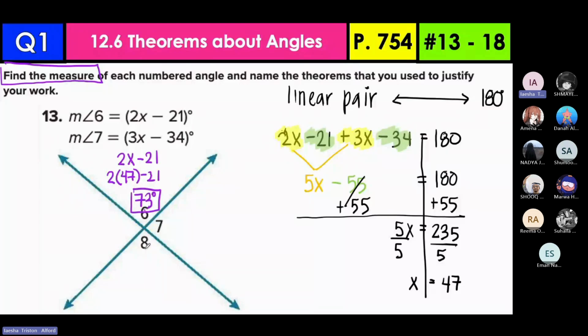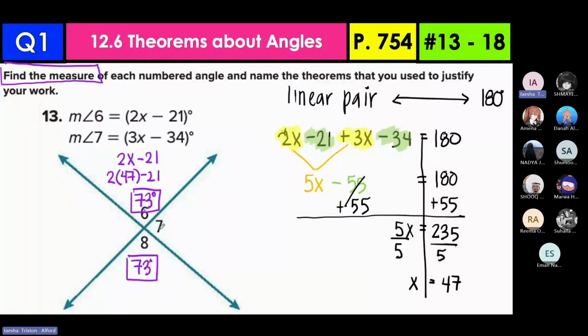What is the measure of angle 8? 73. Why? Because they're equal. Because they are called what name? Vertical. So this one is also going to be 73 degrees.